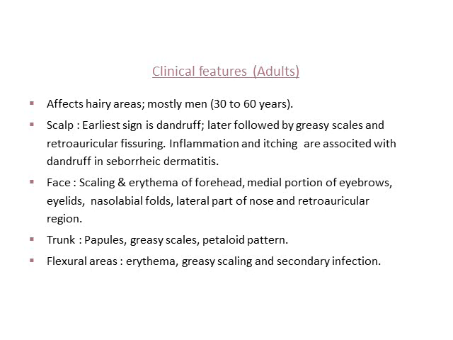Clinical features: in adults it affects hairy areas, mostly men. Scalp is the earliest area. Earliest sign is dandruff, later followed by greasy scales and retroauricular fissuring. Inflammation and itching are associated with dandruff and seborrheic dermatitis. Face: scaling and erythema of the forehead, medial portion of eyebrows, eyelids, nasolabial folds, lateral part of the nose and retroauricular regions. Trunk: papules, greasy scales, petaloid pattern.